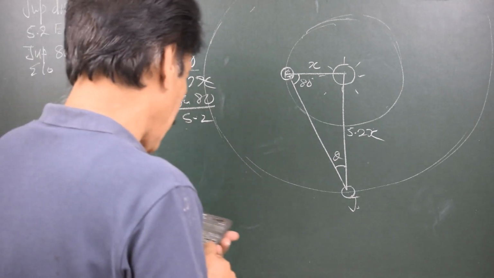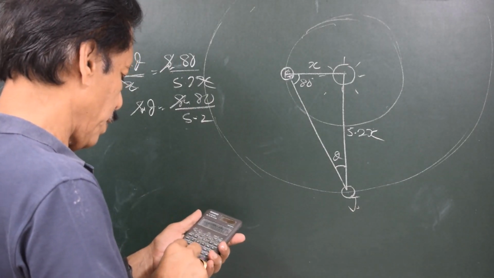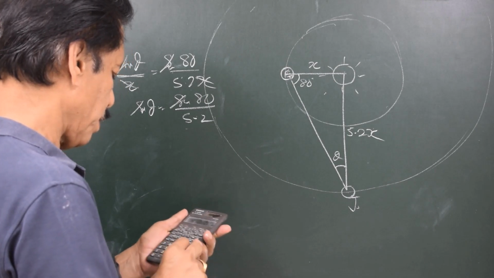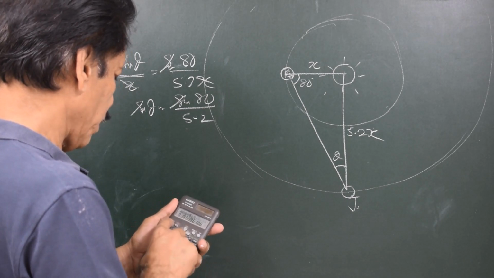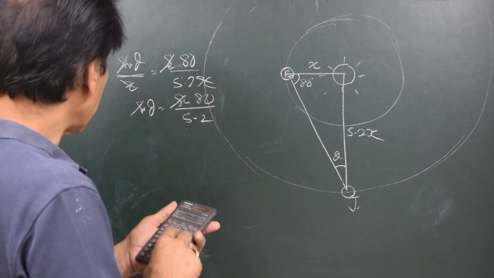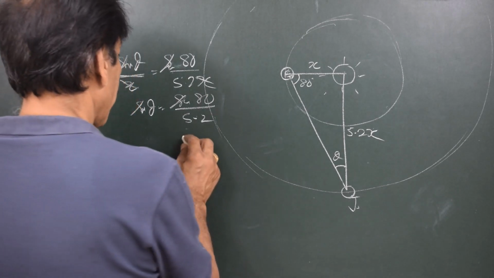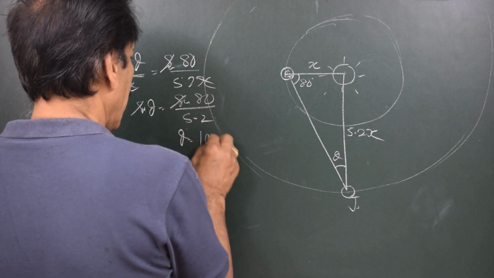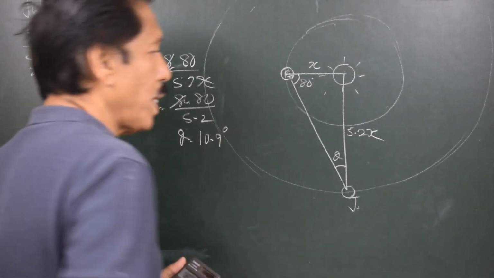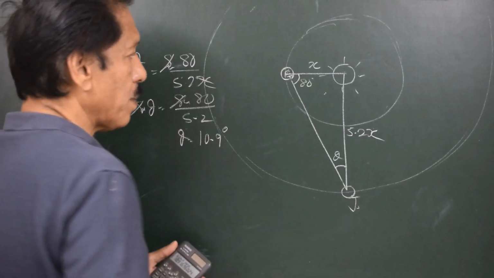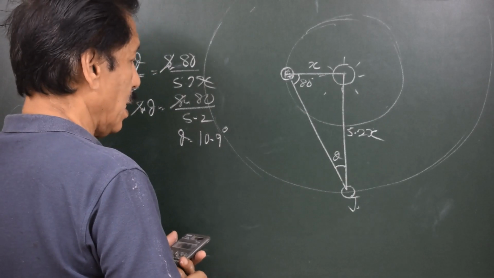So let's say sine 80 degrees divided by 5.2, inverse sine, gives me 10.9 degrees. So I get theta is equal to 10.9 degrees. But we said that this is a plane triangle in the plane of ecliptic, and we know that the sum of all three angles is 180 degrees.